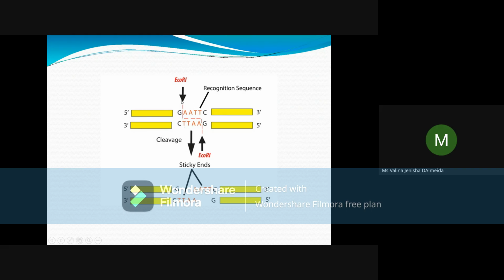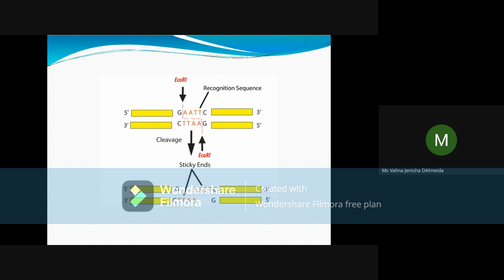So, in the RFLP technique, before that, now, this is my restriction enzyme, that is the EcoRI enzyme. If you see this restriction enzyme, it is able to recognize a certain sequence, and after recognizing it, it is able to cleave the sequence.